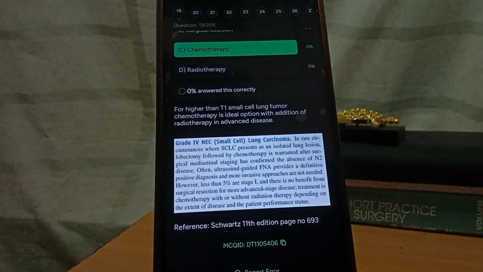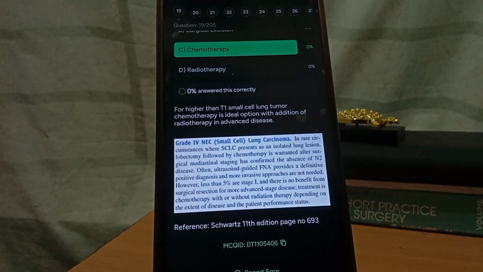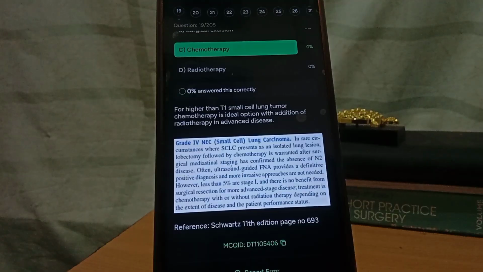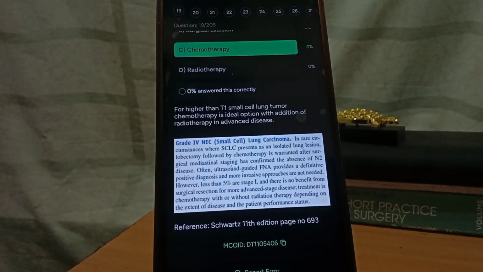Often ultrasound-guided FNA provides a definitive positive diagnosis and more invasive approaches are not needed. However, less than 5% are stage 1 and there is no benefit from surgical resection for more advanced stage disease. Treatment is chemotherapy with or without radiation therapy depending on the extent of the disease and the patient's performance status.